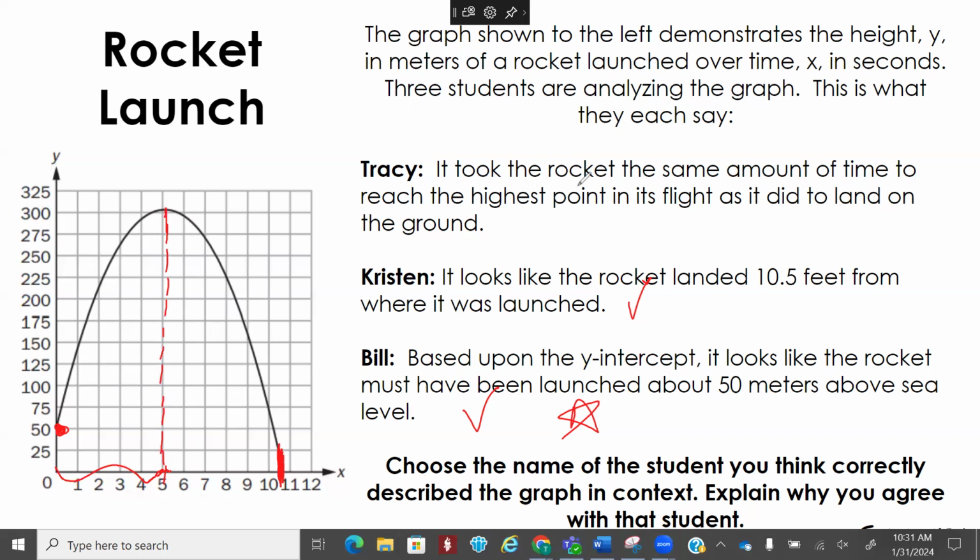But I guess it depends on how you read this. So it took the rocket the same amount of time to reach the highest point as it did to land on the ground. So is it talking about the entire thing or is it talking about only halfway? What do you think? So is Tracy correct? Okay, so we're going with Kristen and Bill.